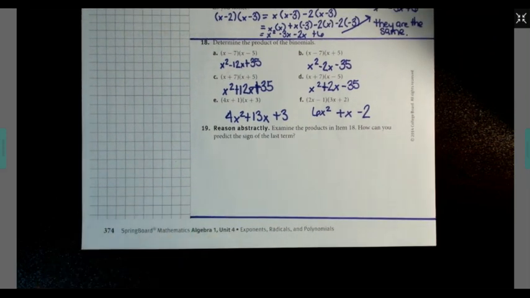Number 19. Examine the products in item 18. How can you predict the sign of the last term?